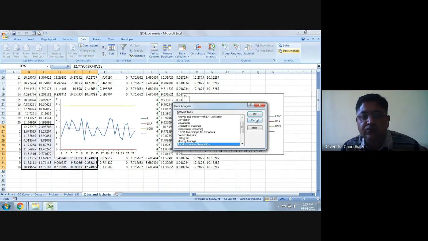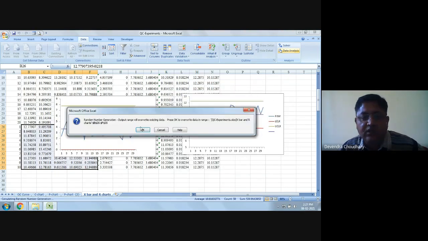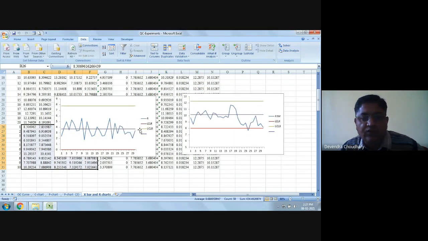Similarly, if you change the process mean below, means your mean is shifting to the lower side, say 9, then what will happen? You see that yes, R chart is not showing any indication of shift in mean, but only X bar chart is showing that yes, now your process is going out of control.